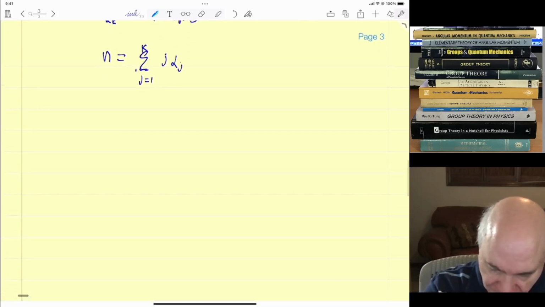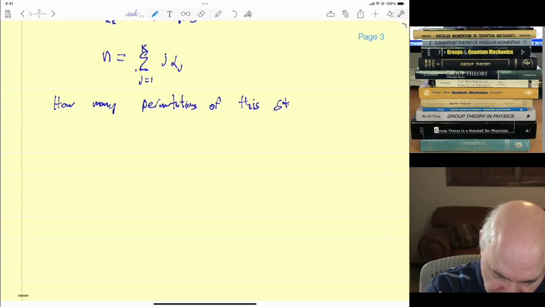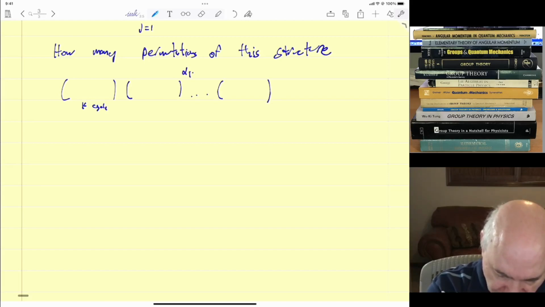So the question is, how many permutations of this structure? Well, what we have is a k cycle, another k cycle, and we have alpha k of these.